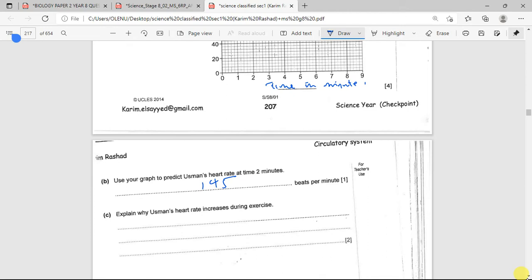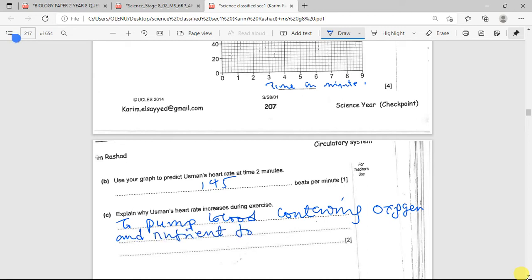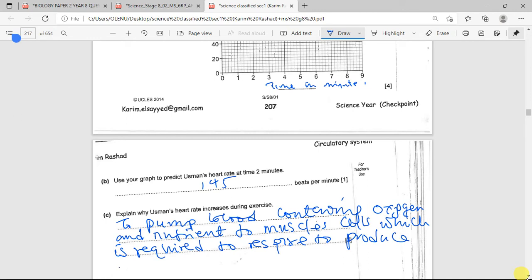So the answer is to pump blood containing more oxygen and nutrients to muscle cells, which is required to respire to produce energy for exercise. That's it.